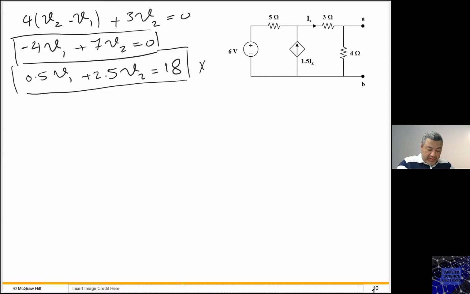If I multiply this with 8, what do I get? I get 4 V1 plus 20 V2 equals to 144.